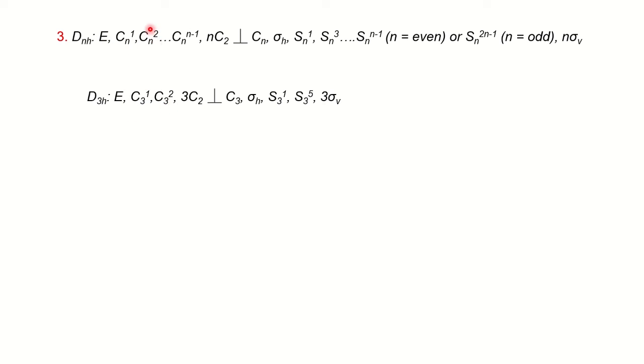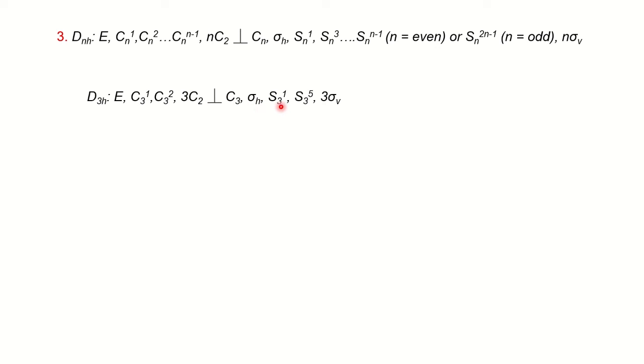C3^1 and C3^2, and since it is an odd number, you have the 2n minus 1 operation, that is 6 minus 1, so 6 minus 1 is 5. So C3^5 will not be there for this. C2 we have already covered under the Sn operation. Then 3 perpendicular C2 operations will be there.